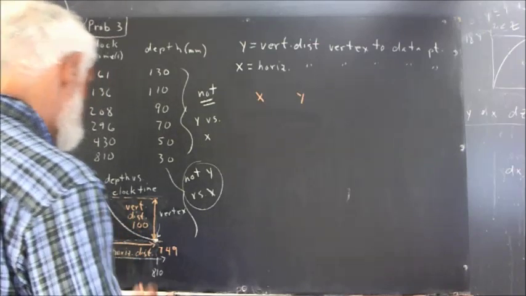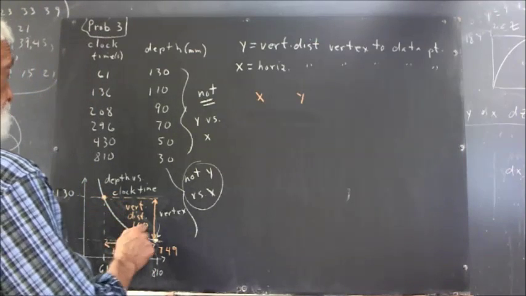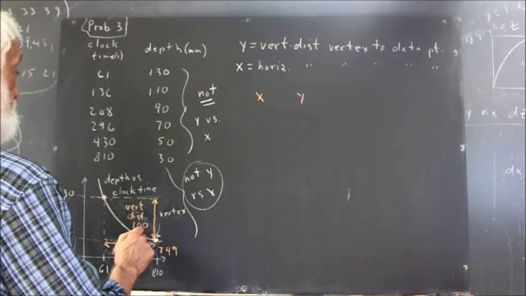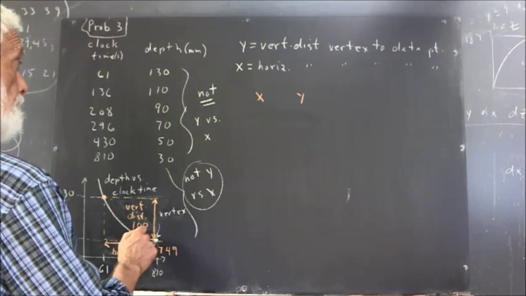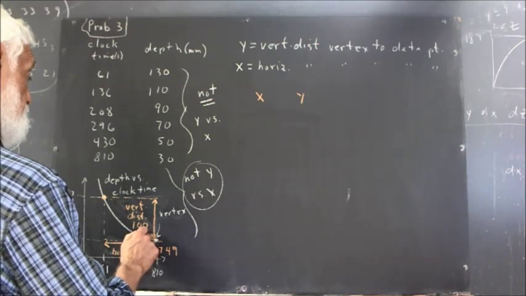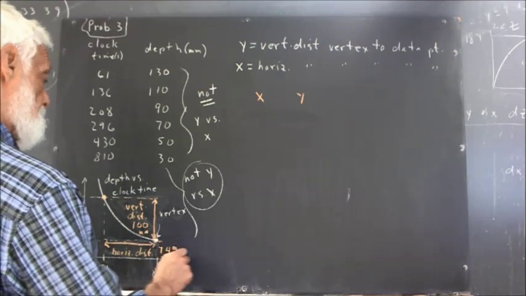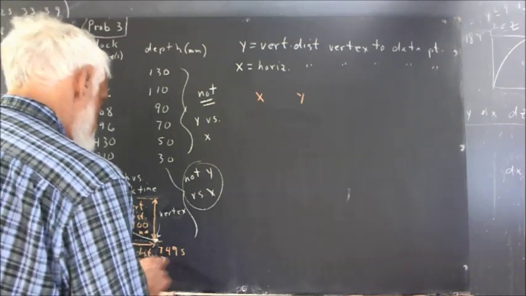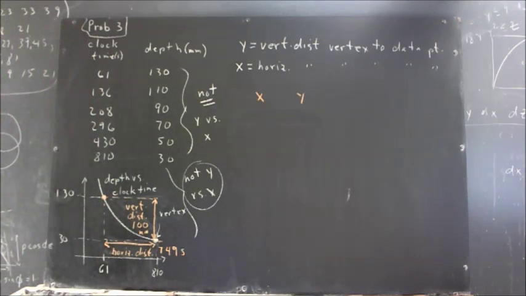And of course, the vertical distance represents distance in millimeters, and this is a change in clock time, actually in seconds.